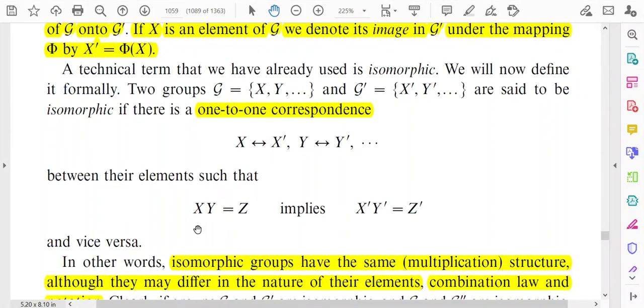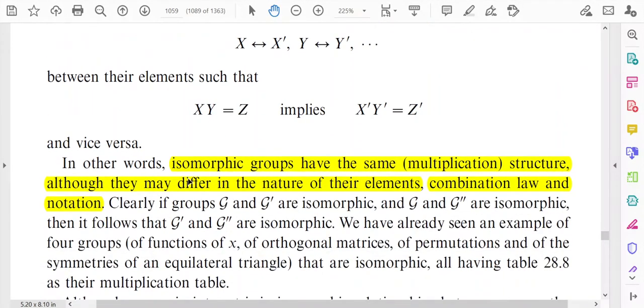And if xy equals z holds in G, then in G prime the condition x prime y prime equals z prime holds, and vice versa. That is, if this holds in G prime, then the condition should hold in G. In other words, isomorphic groups have the same multiplication structure, as we discussed with the multiplication table.